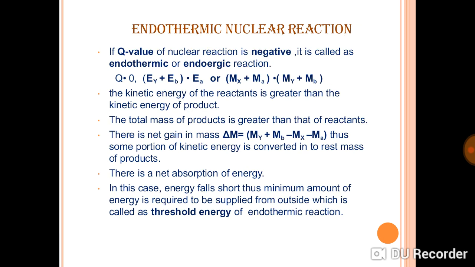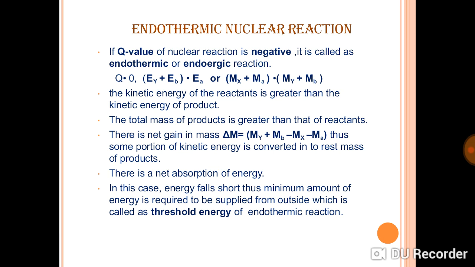If the Q value of a nuclear reaction is negative, it is called an endothermic or endoergic reaction. Here Q is less than 0, Ey plus Eb is less than Ea, Mx plus Ma is less than My plus Mb. The kinetic energy of the reactants is greater than the kinetic energy of the products.